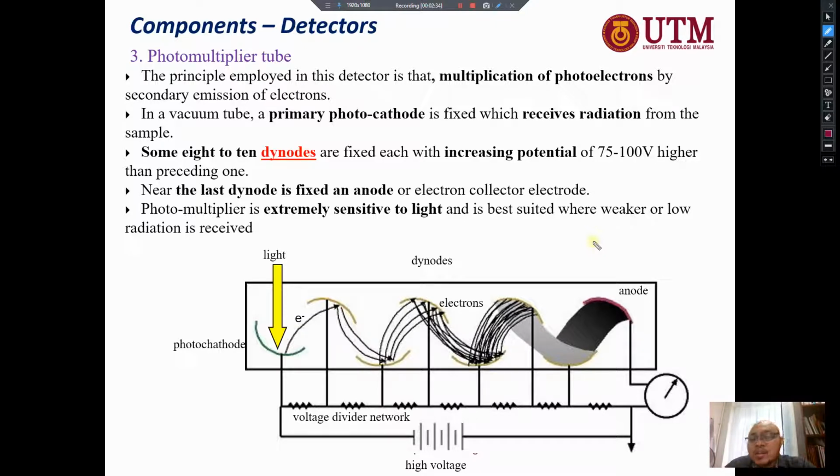So you need a very sensitive detector. That is how you can suggest what kind of detector to use, for example the photomultiplier tube, and then you can describe why you choose it: because it's very sensitive to light. Maybe the question can ask about the mechanism. So you don't need to remember everything, you just need to understand the concept.